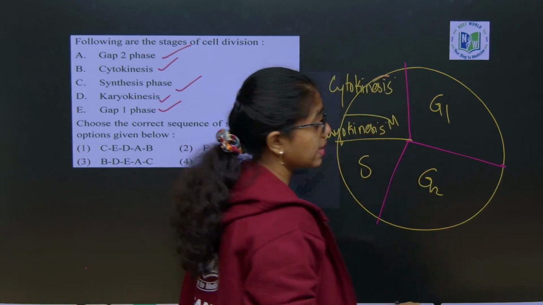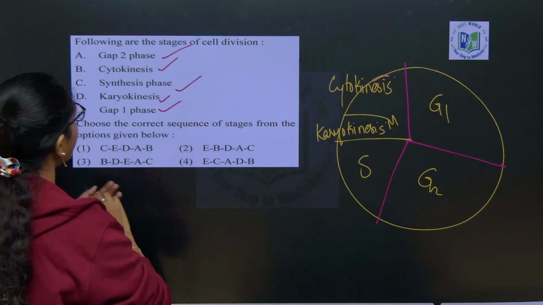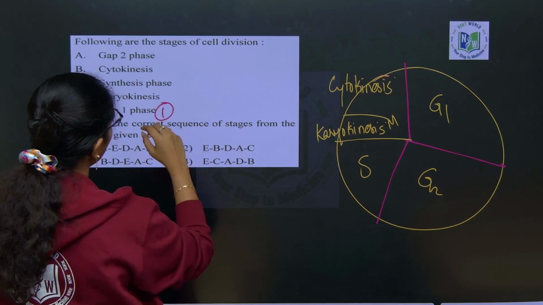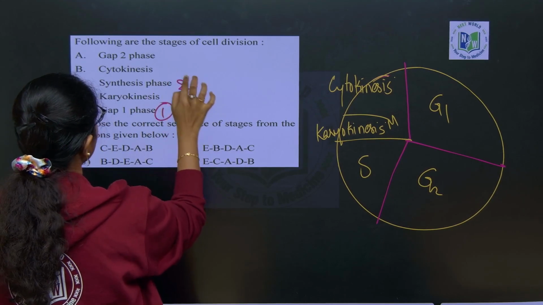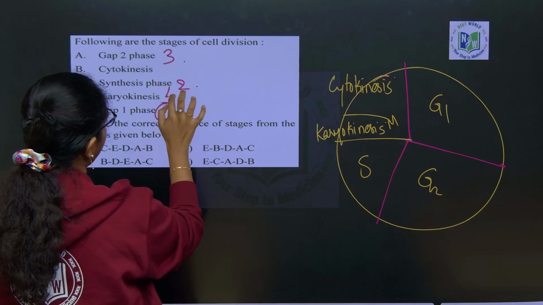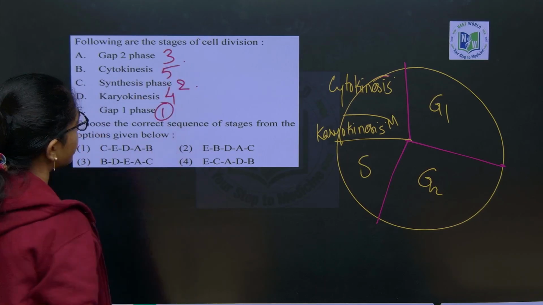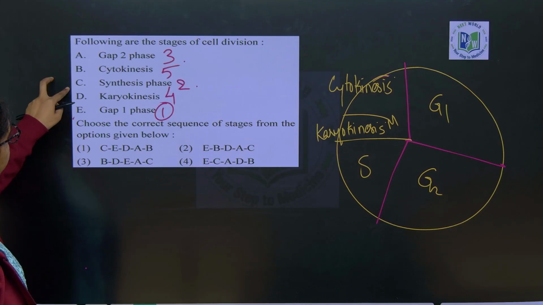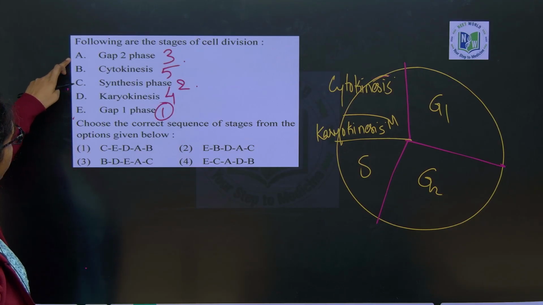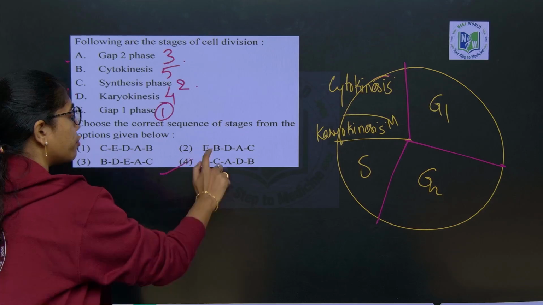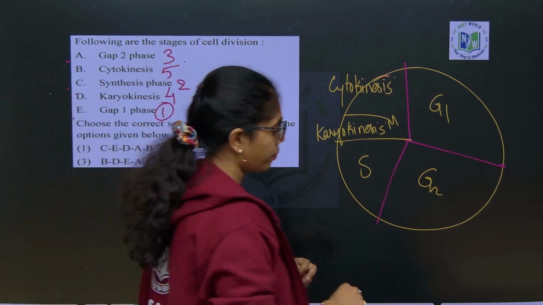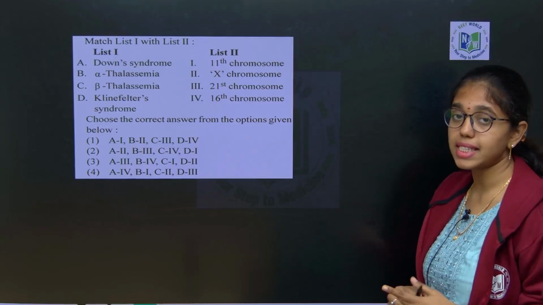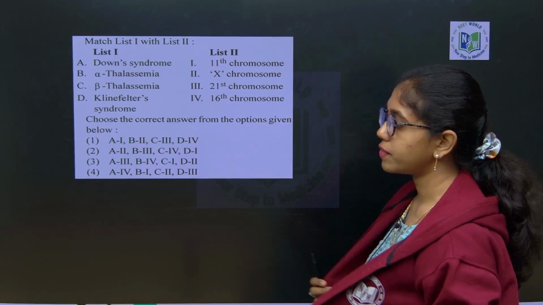So the very first stage is G1 phase, followed by S phase, next G2 phase, then karyokinesis and cytokinesis. So, E, C and then A followed by D and B. Option 4 is the correct answer. You have to remember the sequence of the stages in the cell cycle for sure, all the phases of the cell cycle.